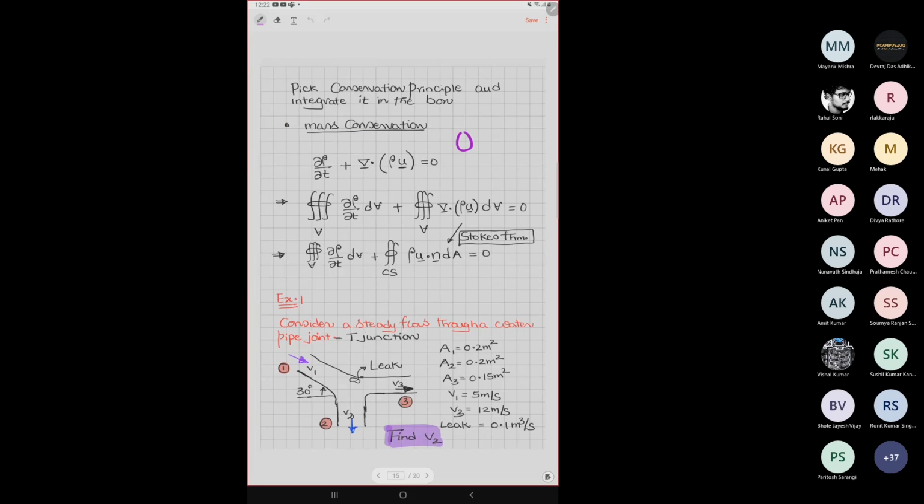Basically what you have is something like this. Your pipeline comes here, connects there, again a pipeline comes, goes there, and you will be having your tap. Have you observed such a thing? Something like an elbow.